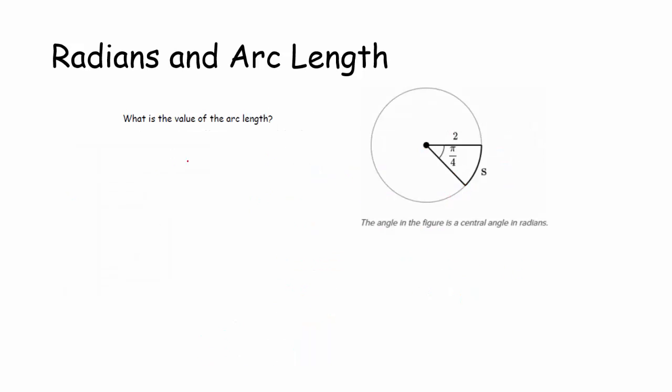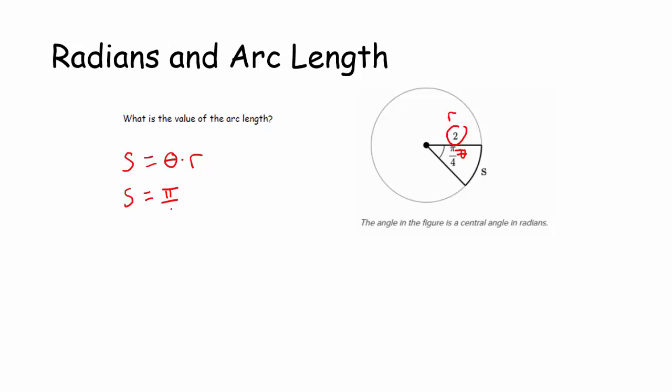What about a question like this? This is asking us to find the arc length for this diagram. So 2 is the radius, pi over 4 is the central angle, and we're finding the arc length. We know that the arc length is the central angle times the radius. We're solving for S. The central angle is pi over 4.